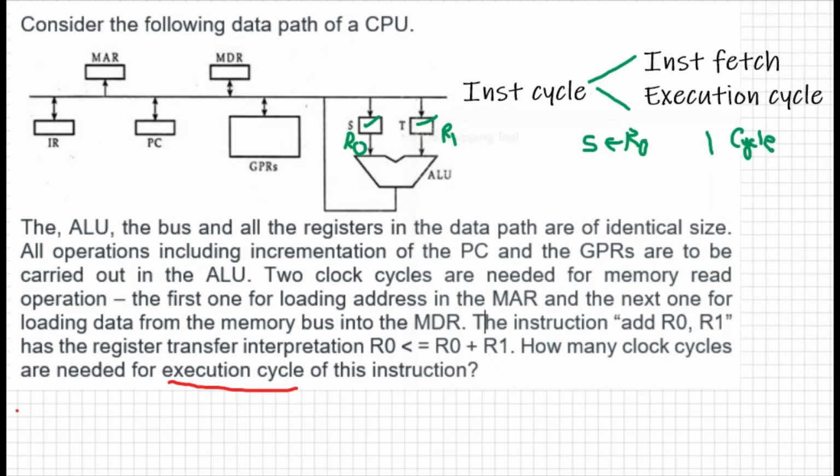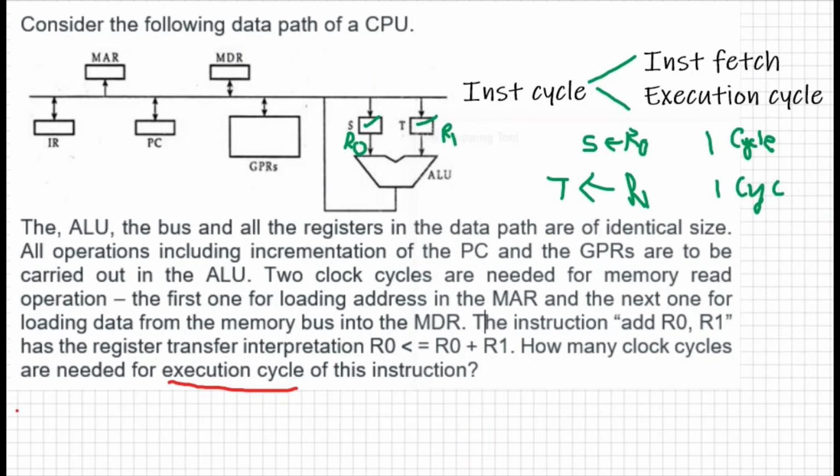In a similar way, when we transfer R1 into T, it will again take one cycle. So R0 and R1 will be loaded in S and T.